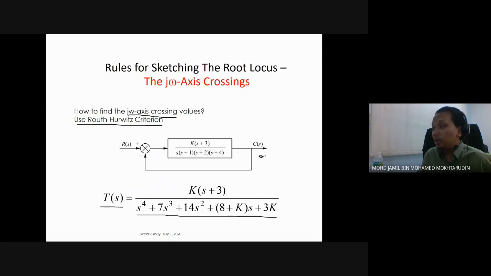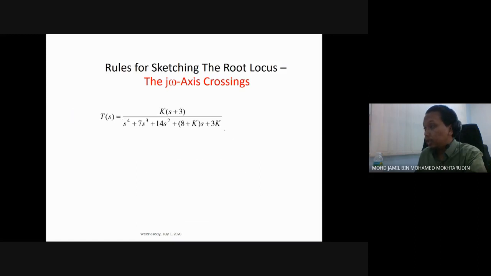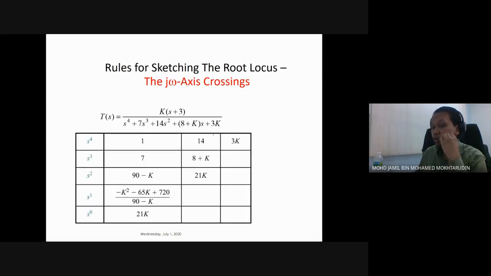Because the Routh-Hurwitz criterion requires you to use the denominator. Here the denominator is given. From the denominator, you draw the Routh-Hurwitz table.